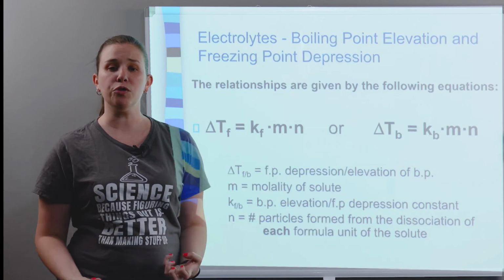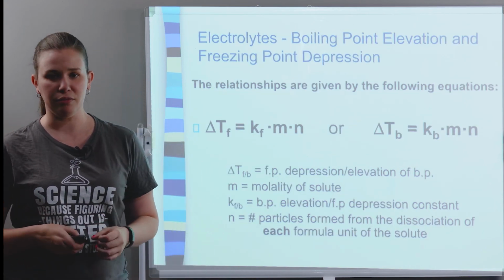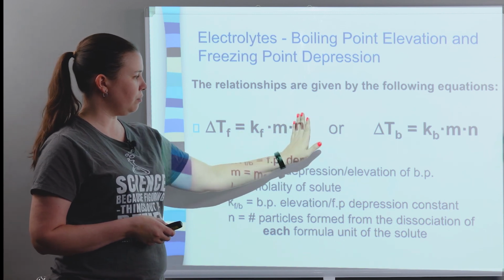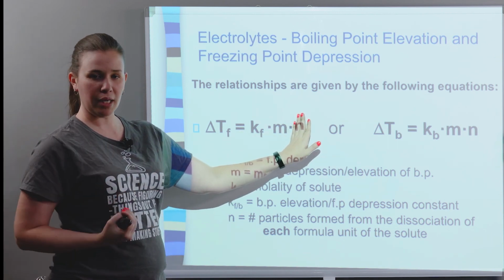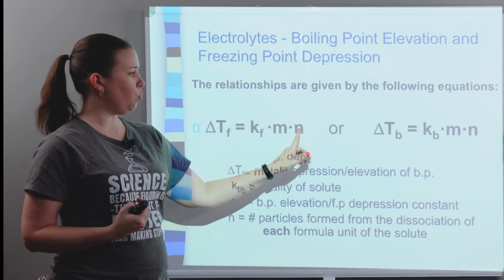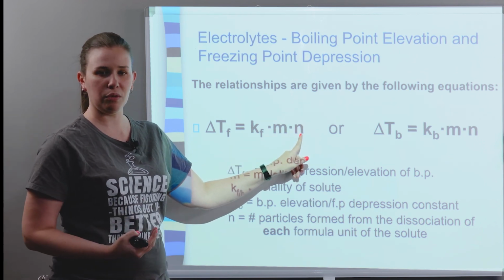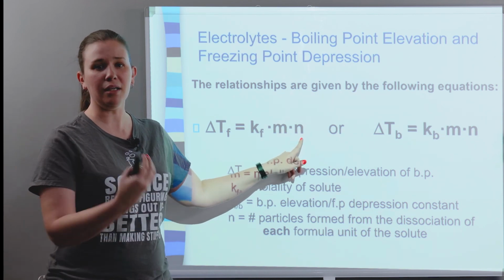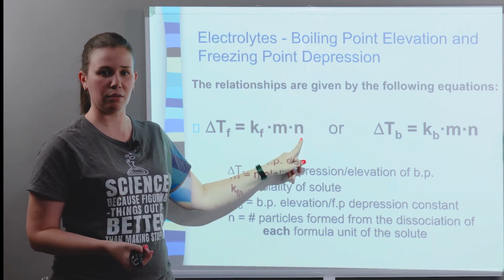This is essentially a multiplier, and it looks exactly like that in the formula. So delta TF equals KF times M, that was our formula for the molecular compounds, because it only had 1 particle. And what does multiplying by 1 really accomplish? Not a whole lot. So they don't even bother writing the N when they're working with molecular compounds.